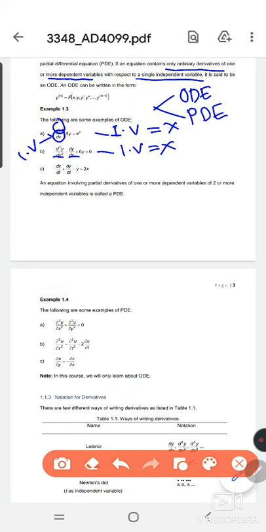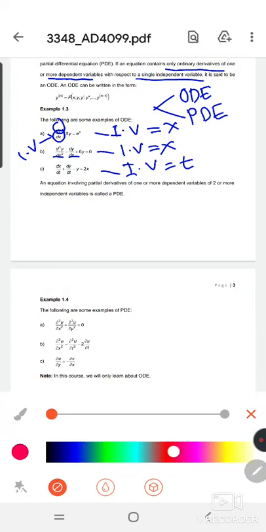Okay, this one also dx/dt plus dy/dt. So independent variable is t. So kat sini dia cuma ada single independent variable. Maksudnya cuma ada satu independent variable, tapi boleh jadi one or more dependent variables. So dependent variables ni dia tak kisah berapa, one or more.